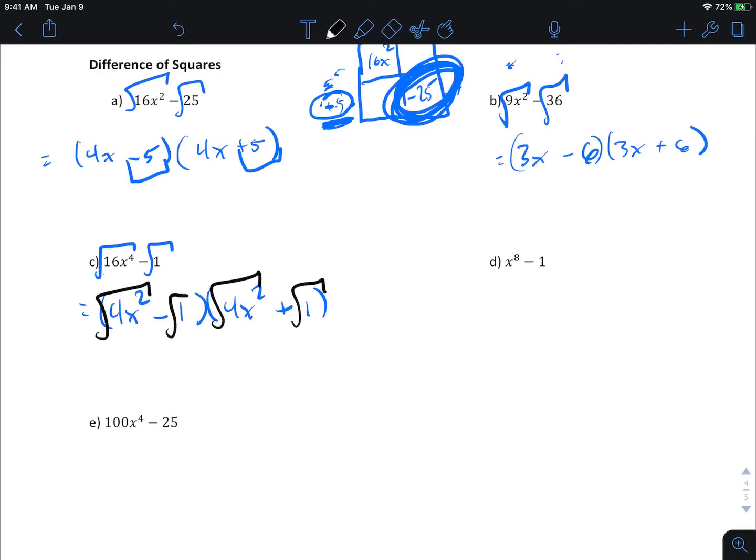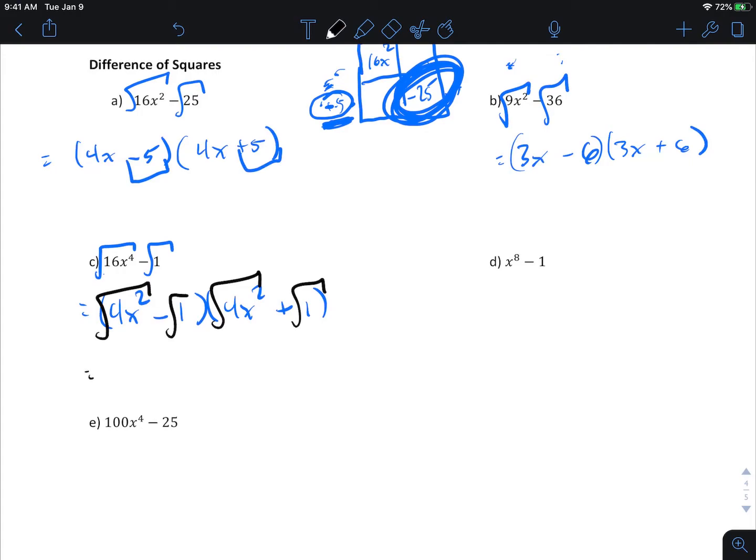You square root it and make 7, but you can't square root 7, so you stop. You go until you can't go anymore. That's factoring. With 100, we'll do that one in a second.